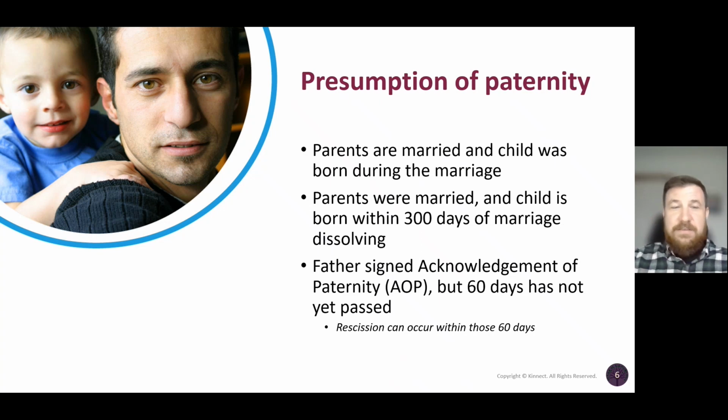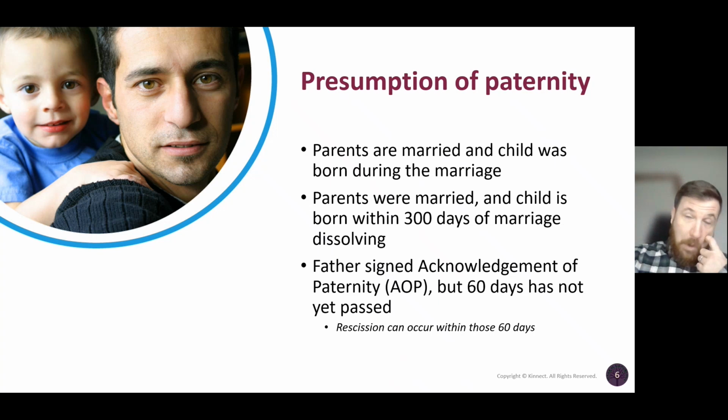Lastly, a father signed the acknowledgement of paternity, but 60 days have not yet passed because a rescission can occur within those first 60 days. I may call that an AOP going forward. I do want to acknowledge here, often when people say he signed the birth certificate, what they're actually talking about is this, the acknowledgement of paternity form.